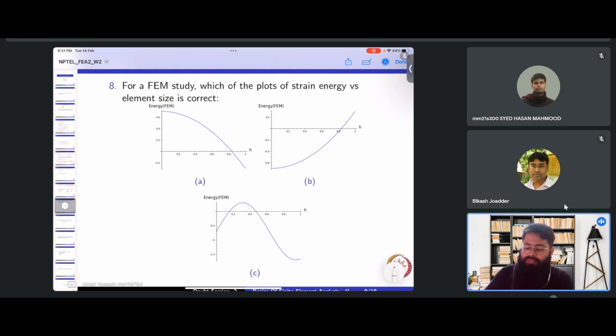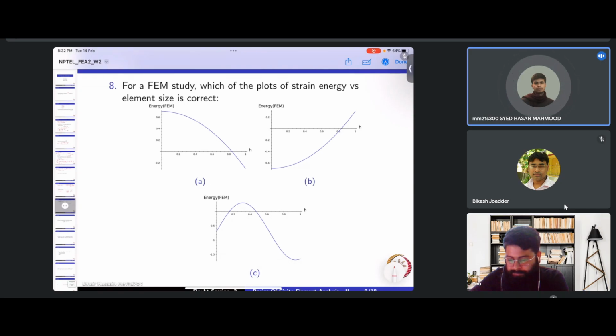Did we discuss that? Since it's the square of the term, I think the square of the displacement, basically, yeah, the square of the strain.